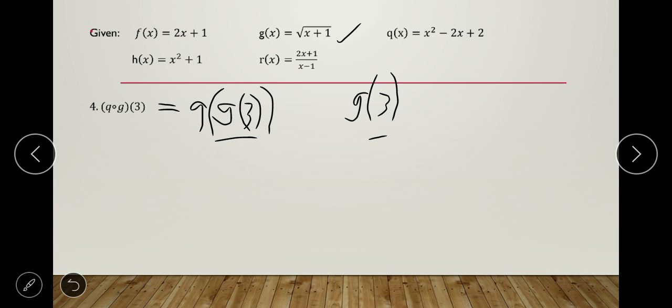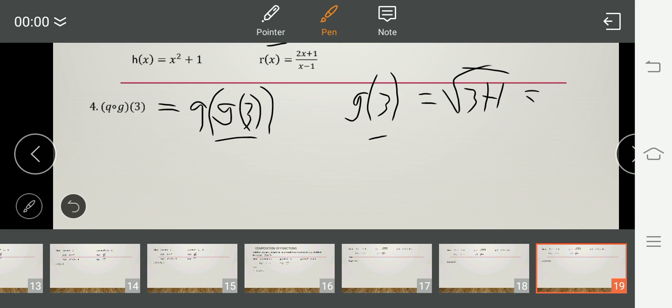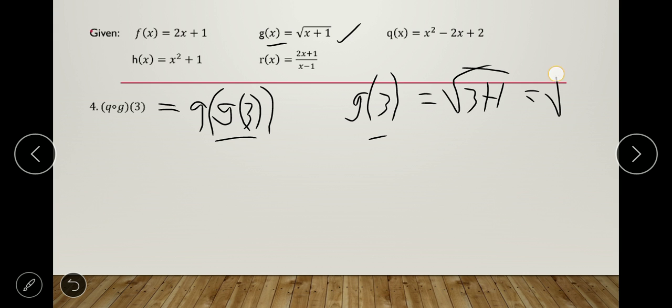Our x value would be equal to 3. So substitute 3 to your x. So we have now square root of 3 plus 1, which is equal to the square root of 4. But what is square root of 4? That's 2. So g of 3 is equal to 2.